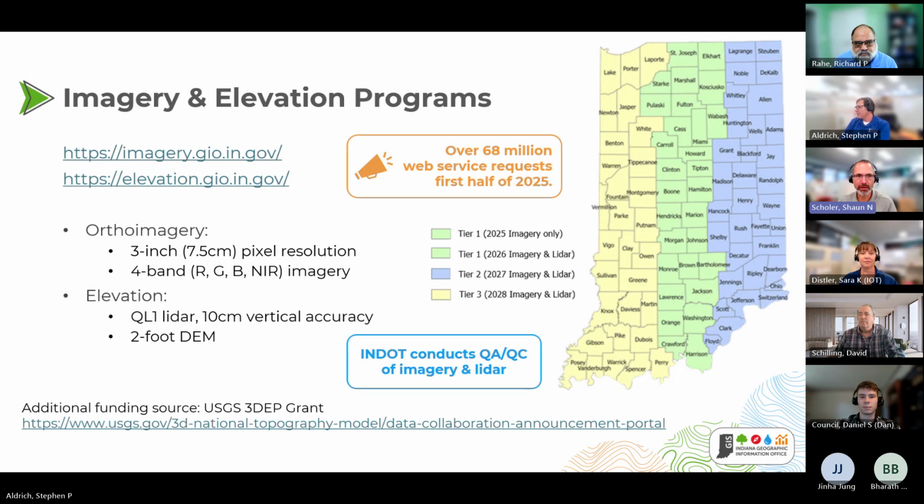I don't know if you're familiar with the leaf-on NAIP program. Our office has bought up to the 6-inch, 15 centimeter raster imagery product, and we're also enhancing the horizontal accuracy of that leaf-on imagery product to about 1 foot accuracy, as opposed to the standard 4 meter accuracy.